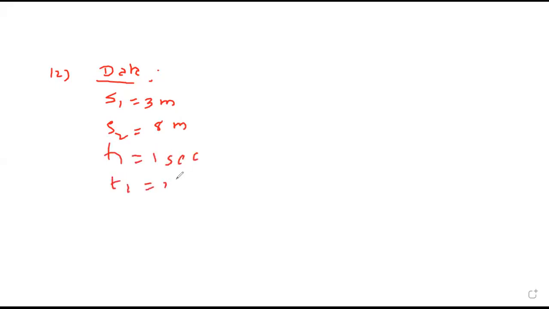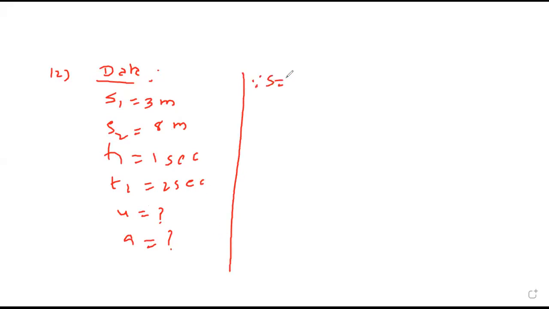A body is moving with constant acceleration, travels first distance 3 meter, second distance 8 meter, in first time 1 second, in second time 2 seconds. So total distance 3 meter in 1 second, 8 meter in 2 seconds. Find initial velocity and acceleration of the ball.